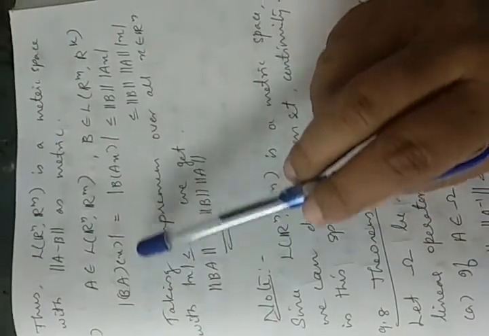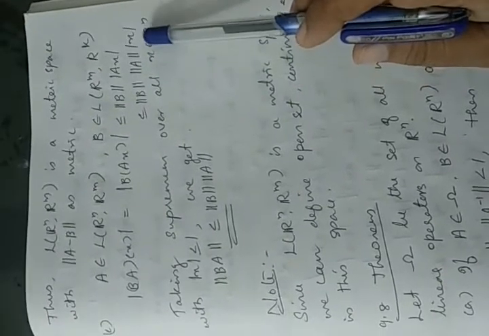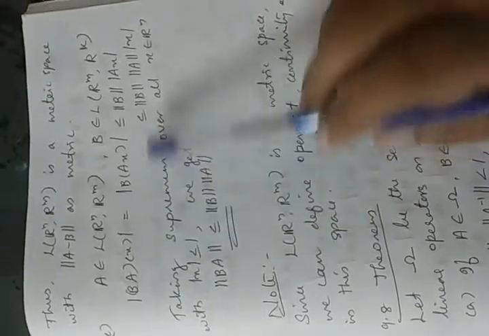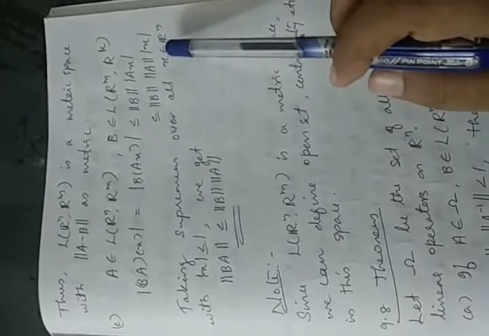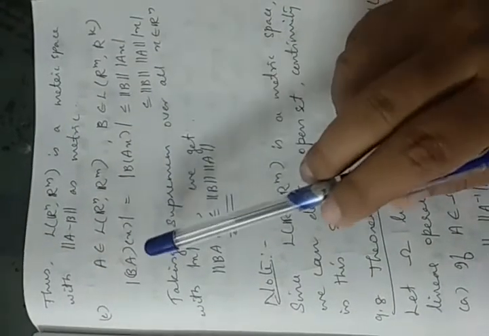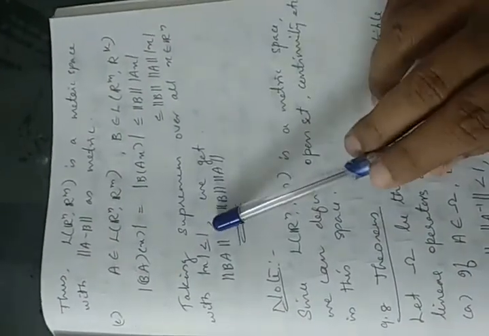So we have modulus of BA of x is less than or equal to norm of B into norm of A into mod x. Now we take the supremum on both sides. Supremum is taken over all x belongs to R power n with mod x less than or equal to 1. So taking the supremum on both sides, what we get? The supremum of modulus of BA of x, where x belongs to R power n with mod x less than or equal to 1, is nothing but norm of BA.